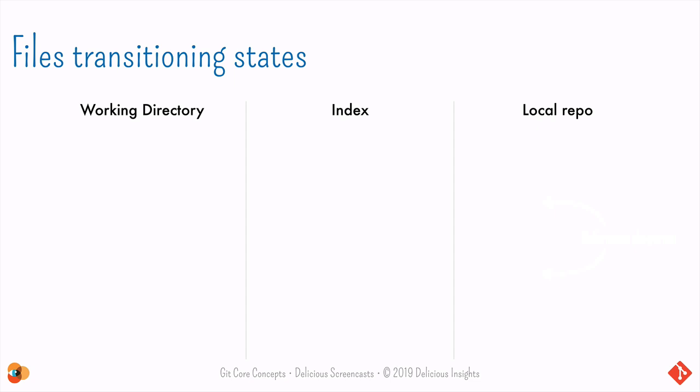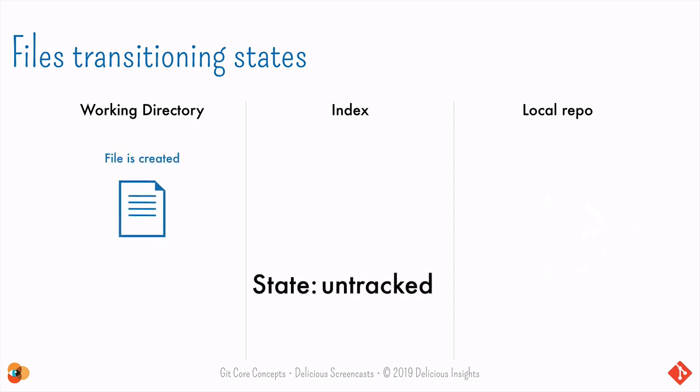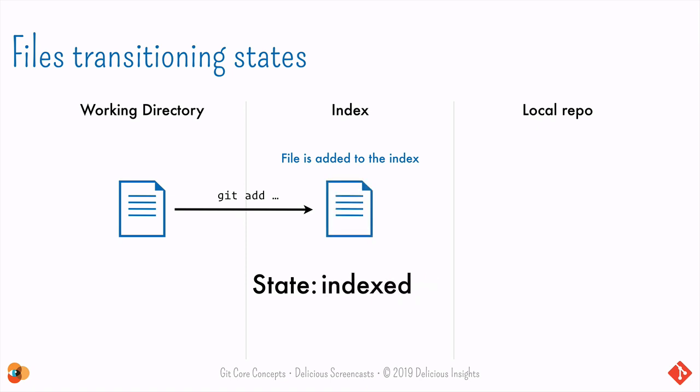Let us look at a common lifecycle for a file. So the file is created. From then on, it is deemed untracked because Git doesn't know about it, neither in the local repo nor in the index. When we go ahead and add it to the index in anticipation of the next commit, it becomes indexed, more widely known as staged.